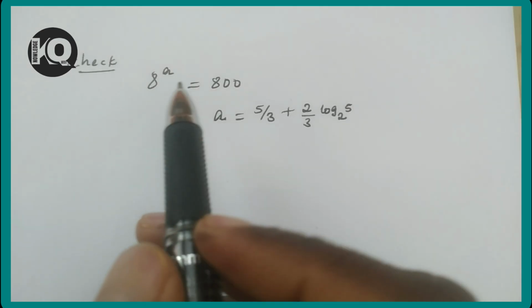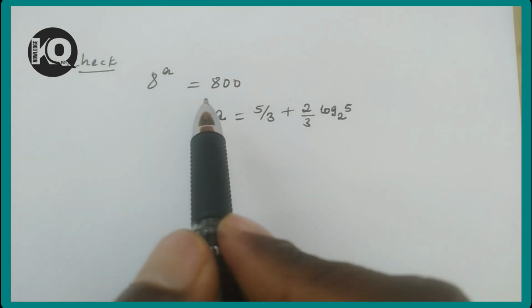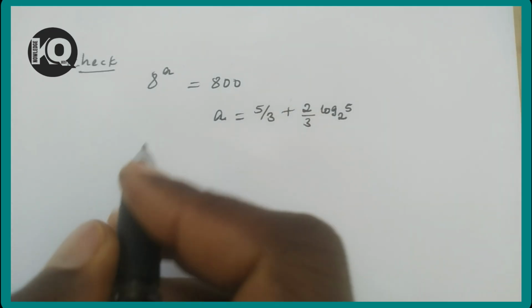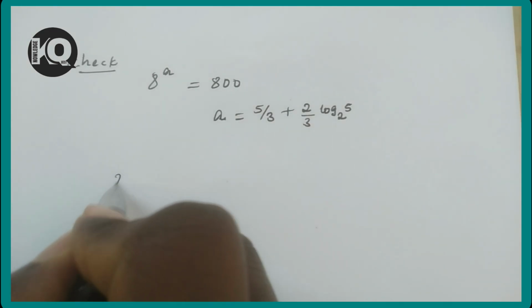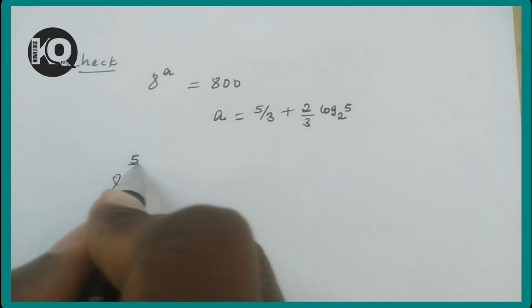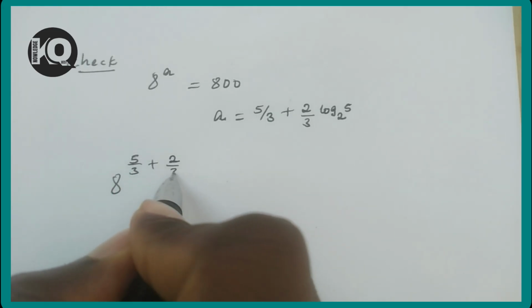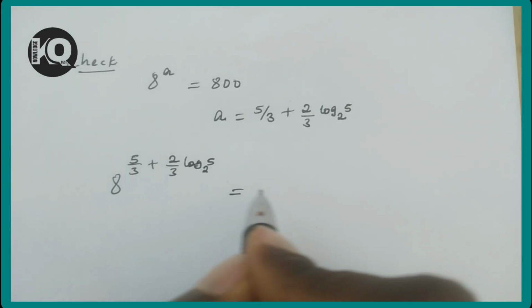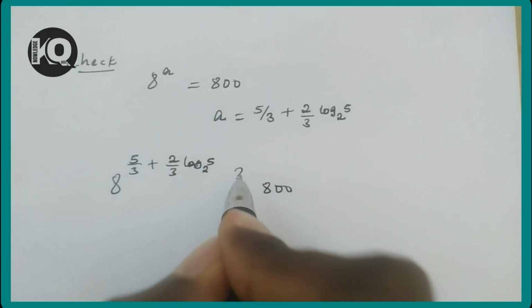Now let's check our answer. We have the problem 8 to the power of a equals 800, and we have a value of a. Let's substitute a into the equation. It will be 8 to the power of 5 over 3 plus 2 over 3 log of 5 to the base 2, which is equal to 800.